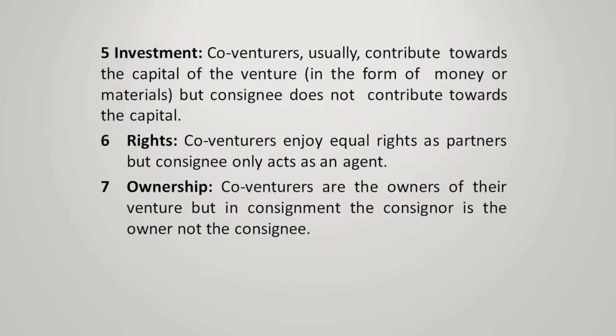What will the consignee do? The consignee will pay some amount as advance against the stock received. But in case of co-venturers, A, B, C, D are the co-venturers. A will contribute 1 lakh, B will contribute 1 lakh, C will contribute 1 lakh in the form of money. And a person who has a similar business may contribute material also, stock also.